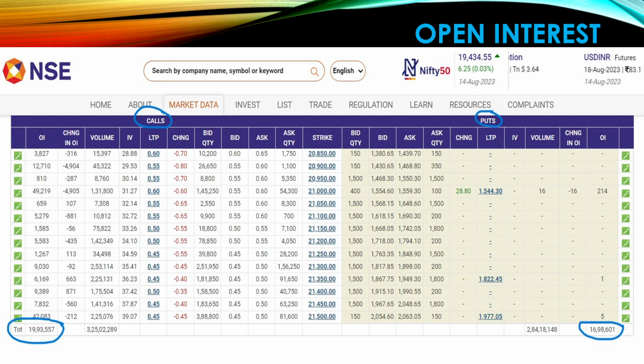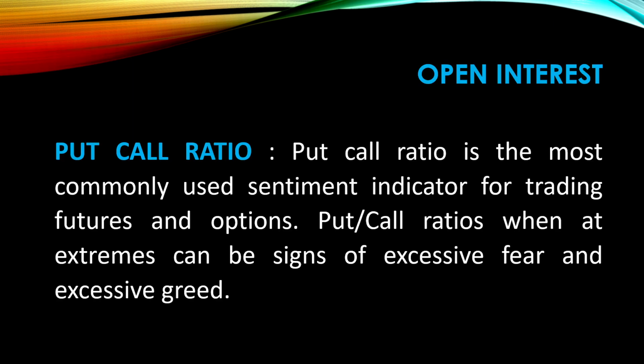But note that this is not the only indicator that will decide whether the market is bullish or bearish. There are many other indicators. This is one of the main indicators that will decide whether the market is in a positive direction or negative direction.